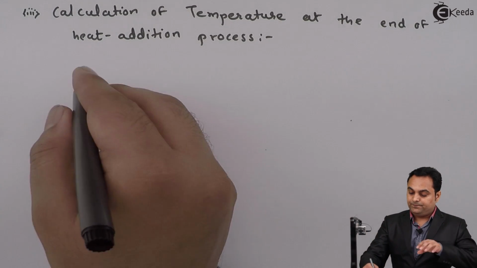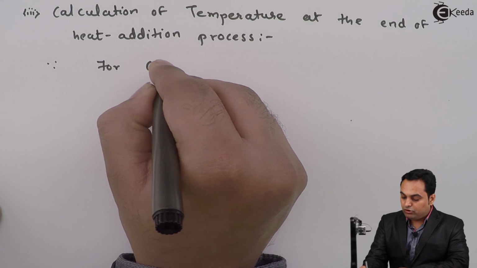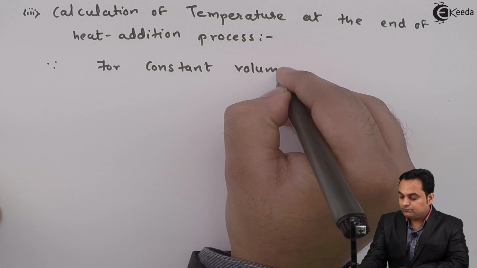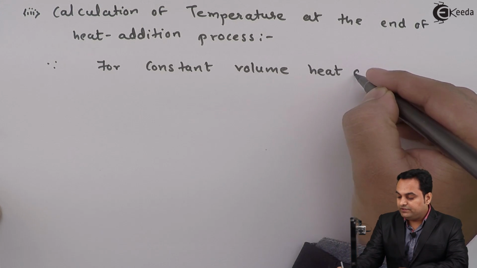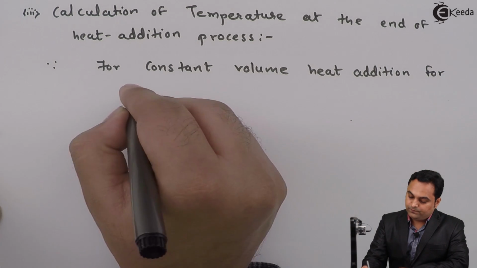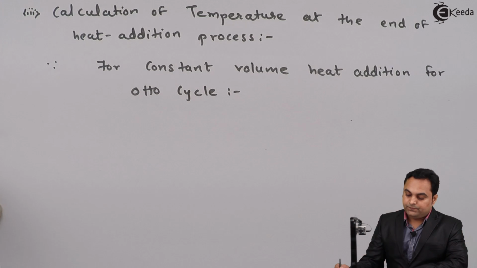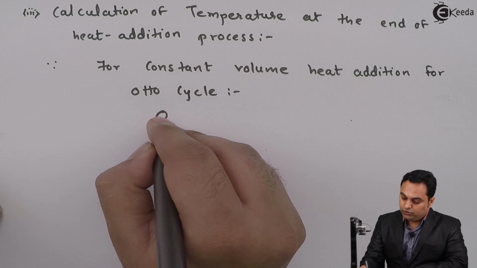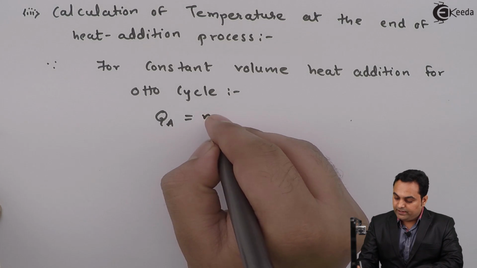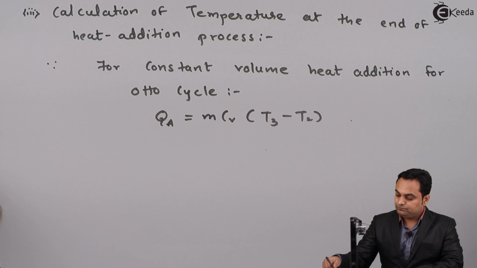Since this is constant volume heat addition for the Otto cycle, I can write QA, that is the heat added at constant volume, is equal to m Cv into T3 minus T2.